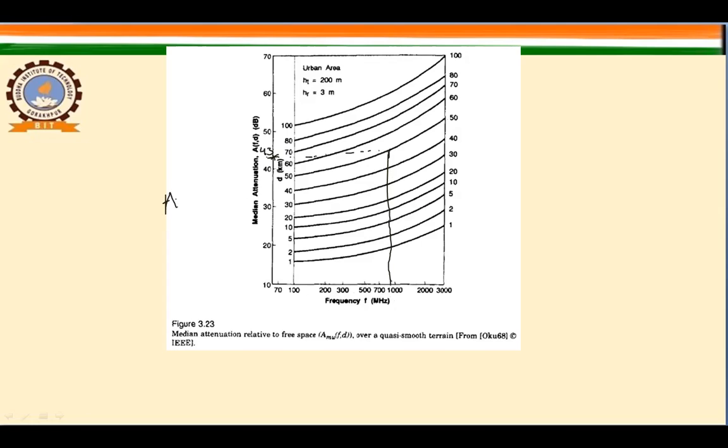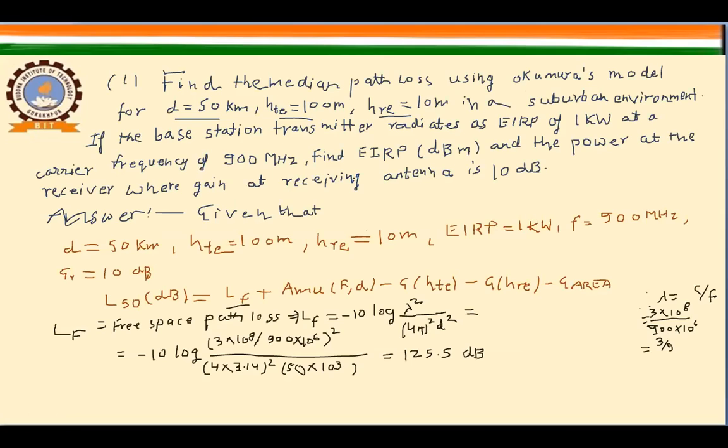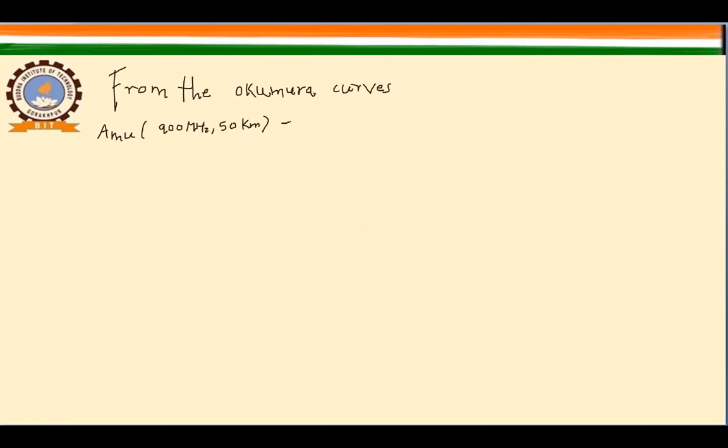So Amu at 900 megahertz and 50 kilometer separation distance between transmitter and receiver is 43 dB, from the Okumura graph.